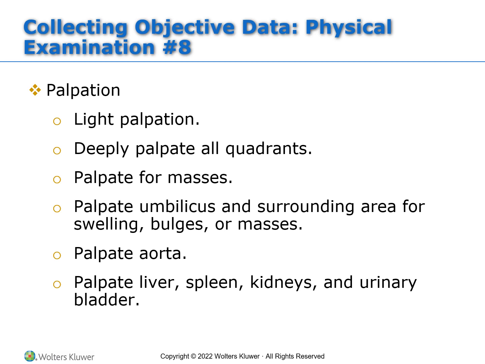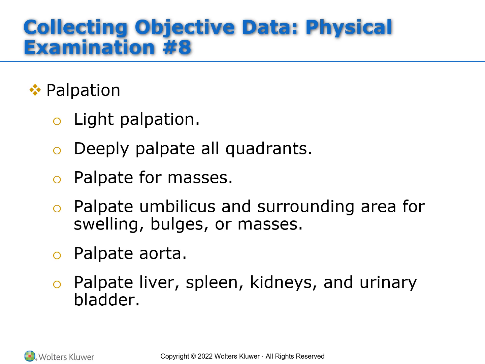For palpation, we're going to do light palpation, and that will help us determine any sort of tenderness or muscular resistance. We're using our fingertips to begin in the non-tender quadrant, compressing to a depth of about 1 centimeter, and then we'll gently lift the fingers and move them to another area.